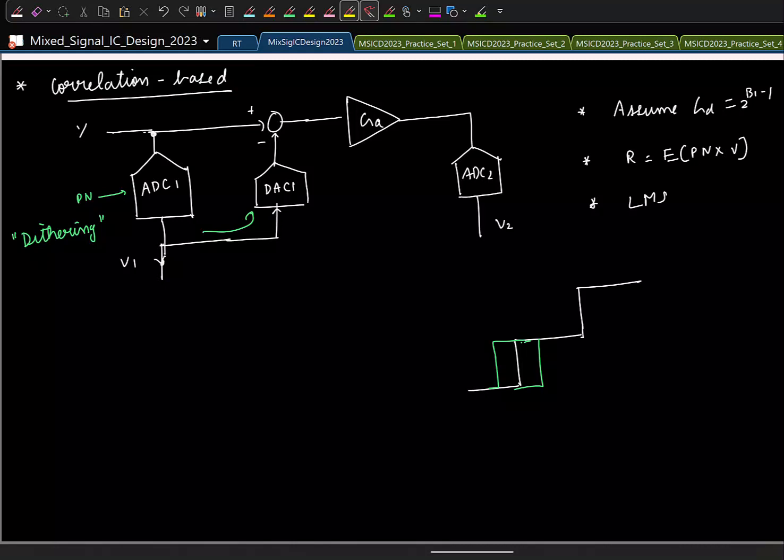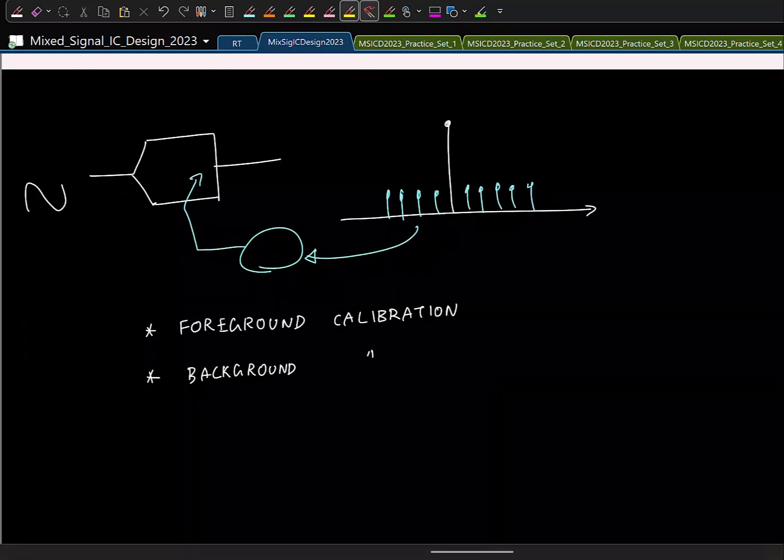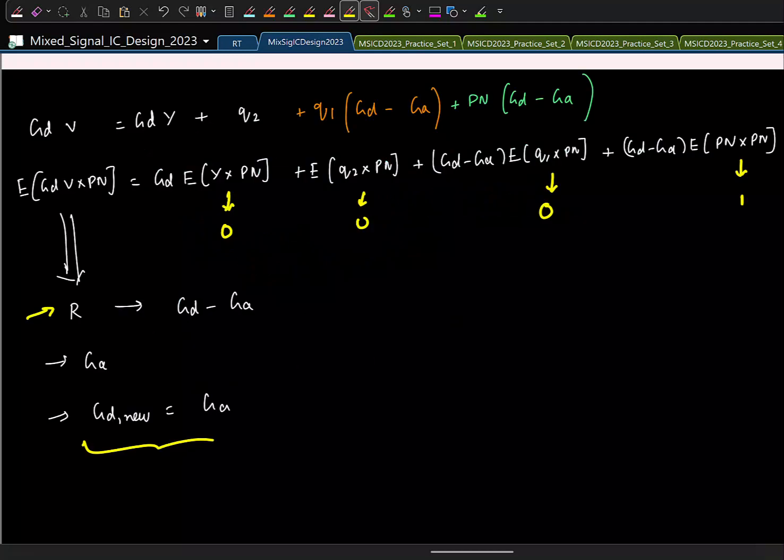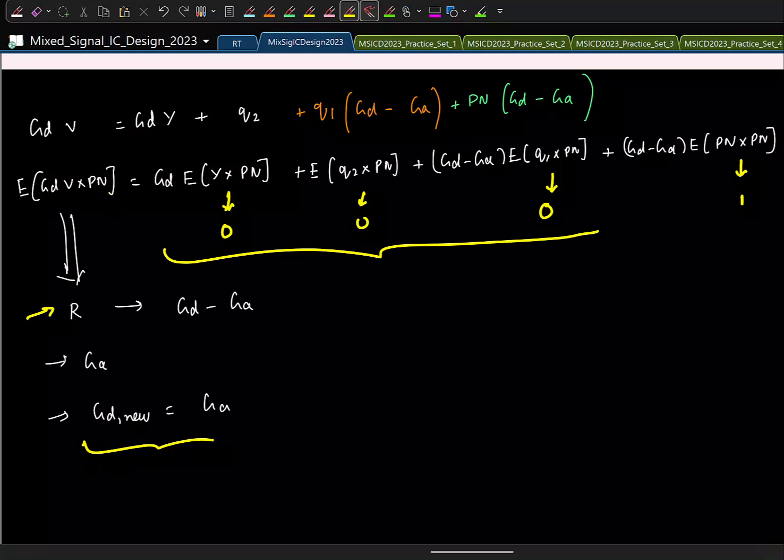But this is the basic principle, and there is one practical difficulty in doing this, which is the following. This entire business is based on the assumption that when I correlate the sequence with the PN sequence, the first 3 terms tend to 0 and only this term exists.